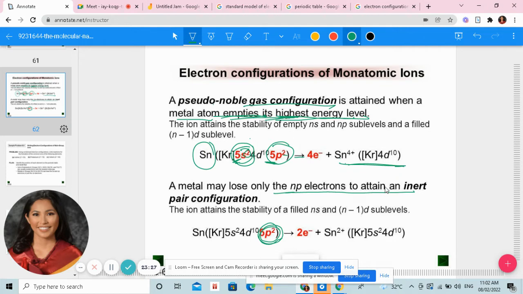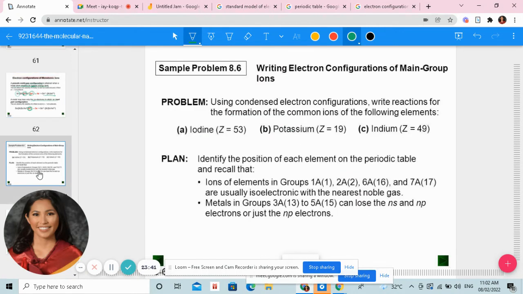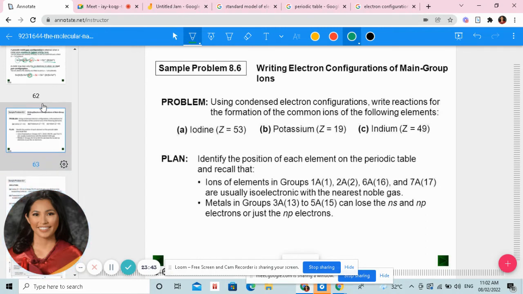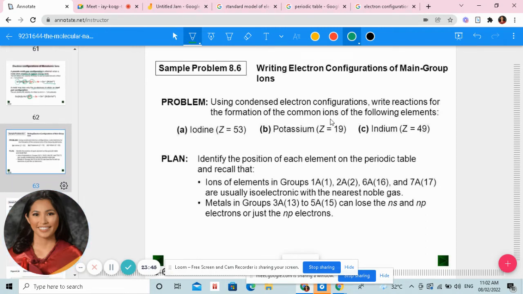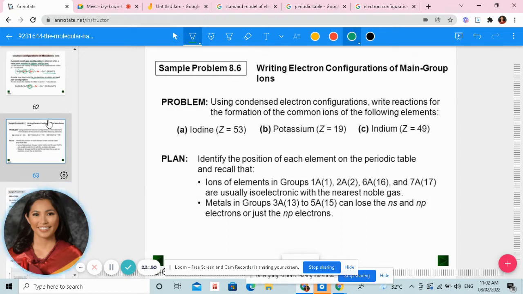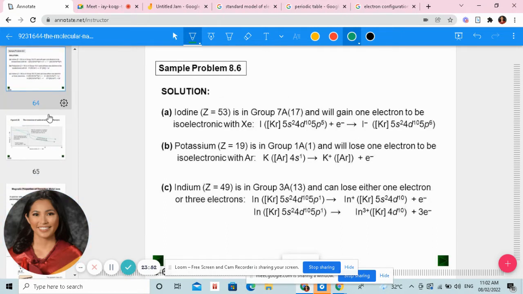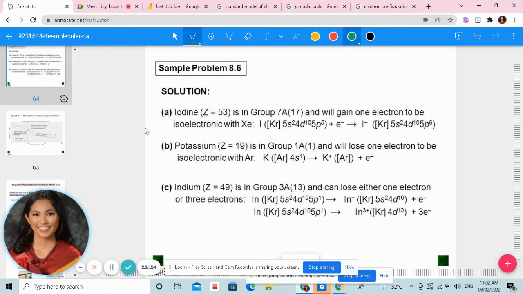However, if the outermost sublevel, like this 5p2, is emptied, then we have an inert pair configuration. So just remember the term, and then you answer this one. You can do that one; you just practice.